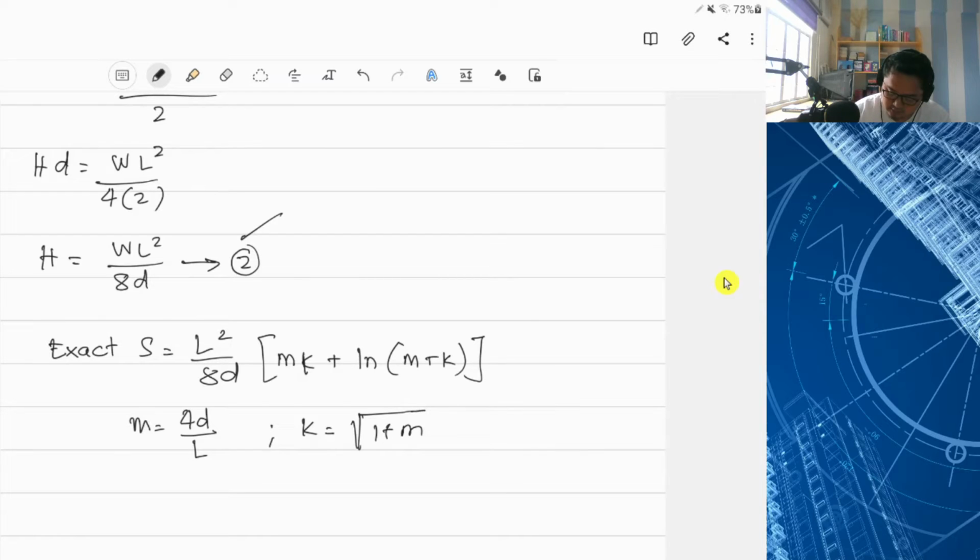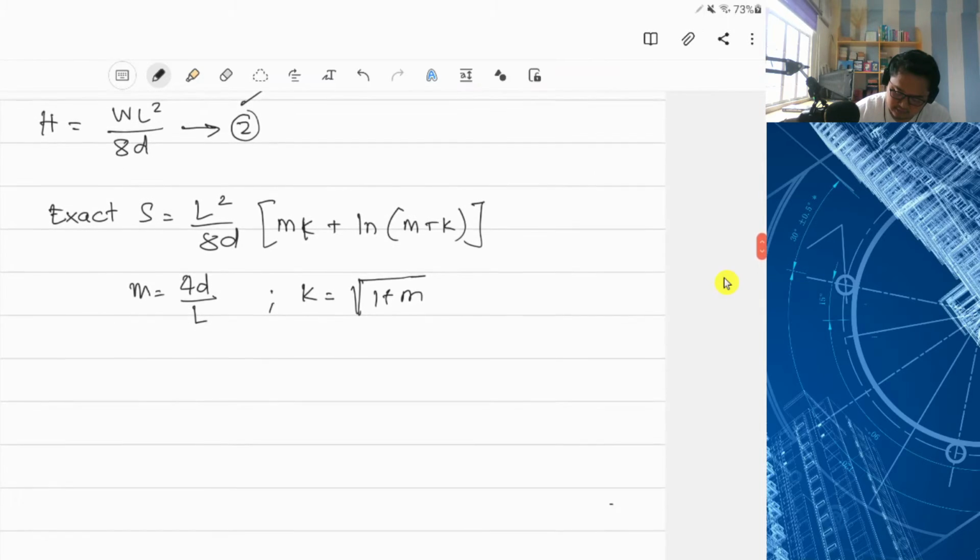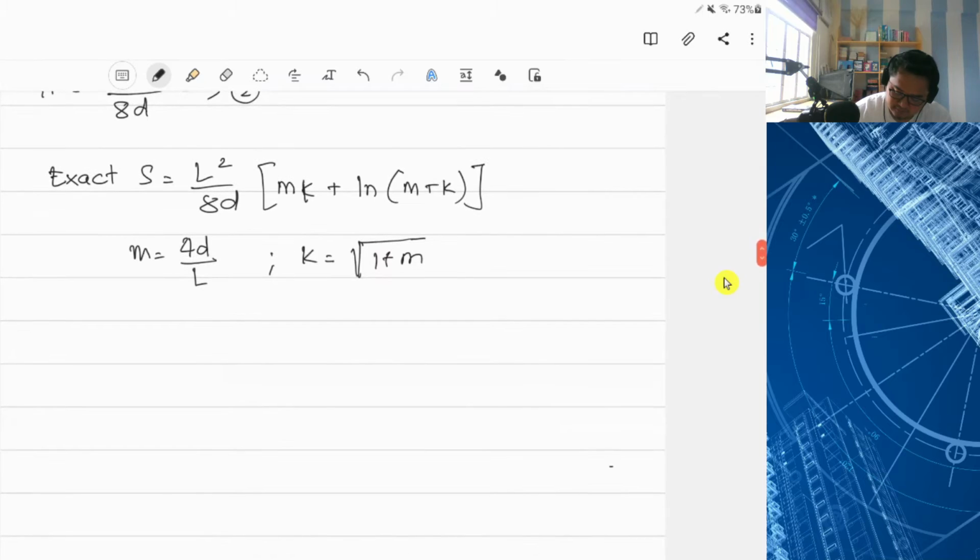I will not derive this equation, but it comes from integral calculus, to find the length of a parabolic curve. If you want to verify this formula, you can recall your integral calculus.